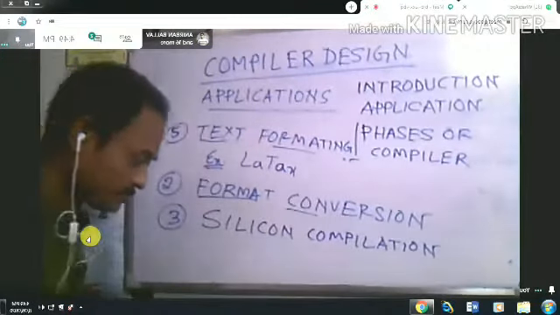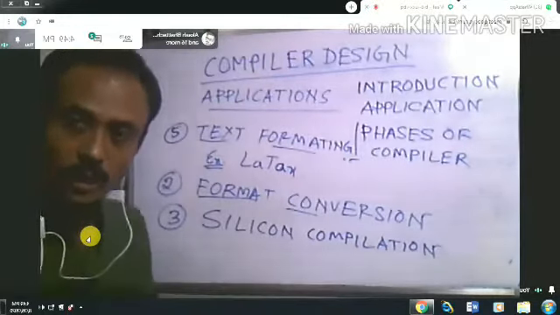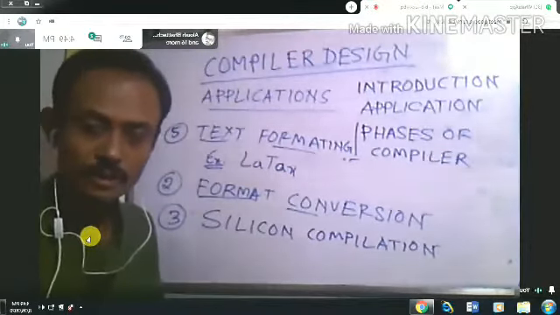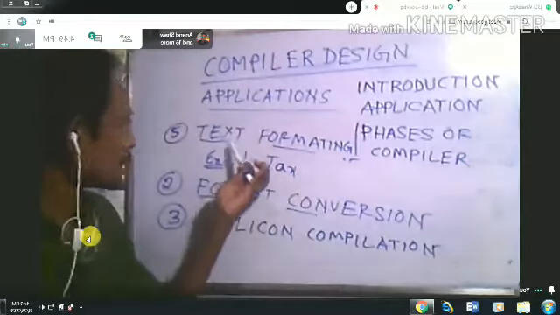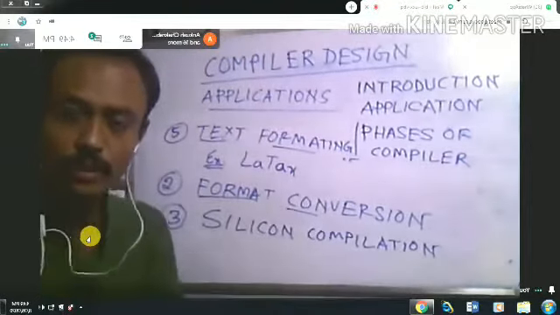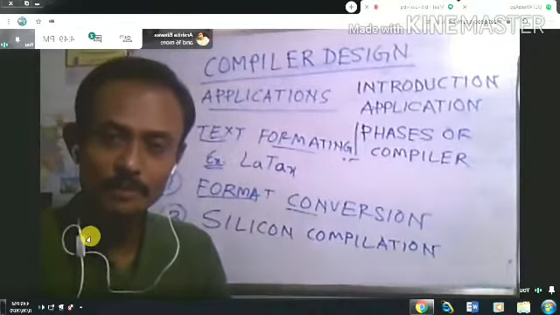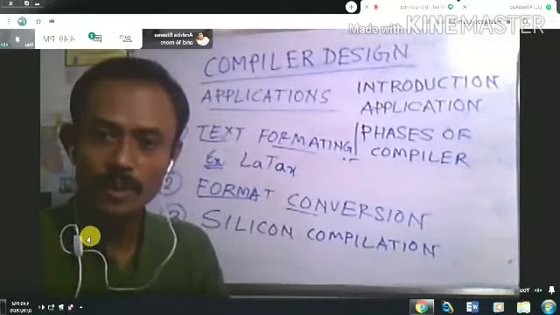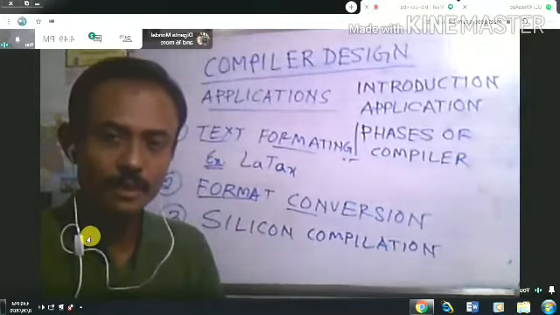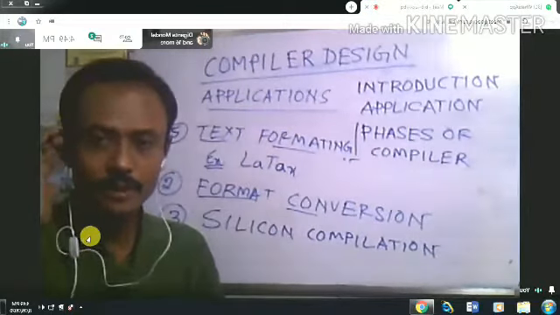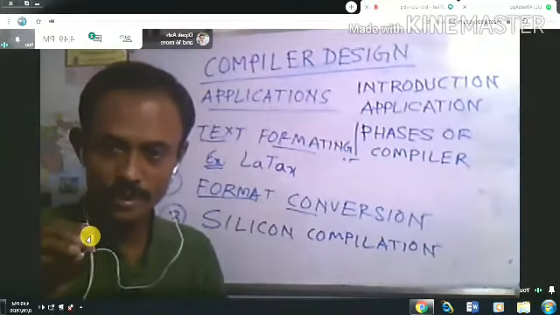If you use a Linux system, this kind of text formatting software is also used there. So these are some of the important applications of the compiler. From here we can imagine that the compiler is not a very small domain.